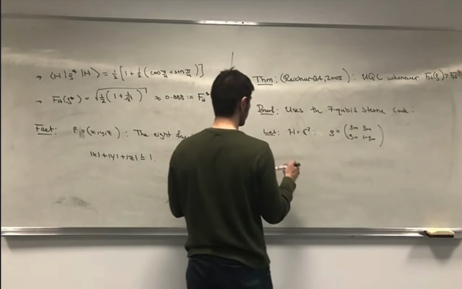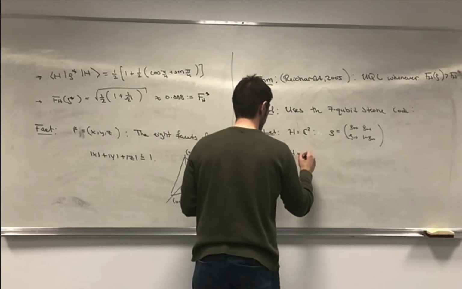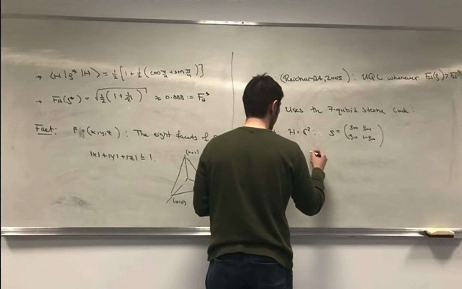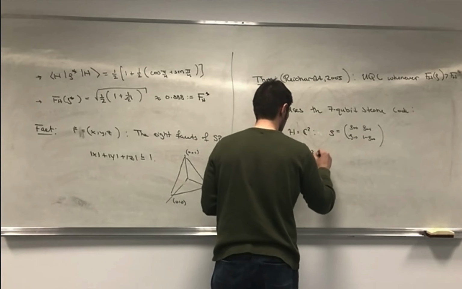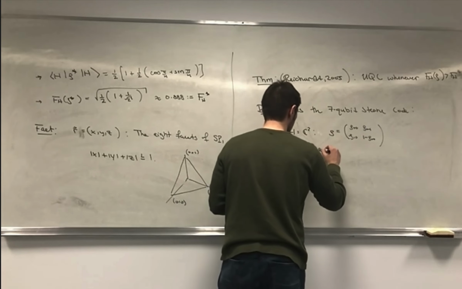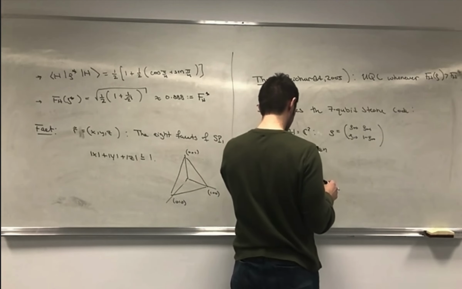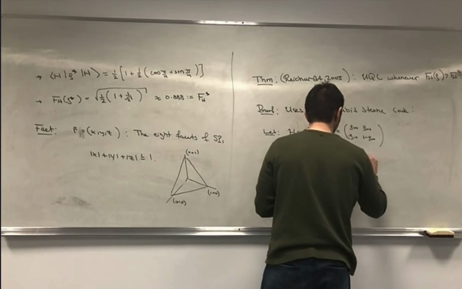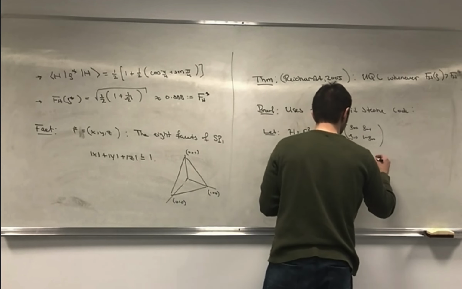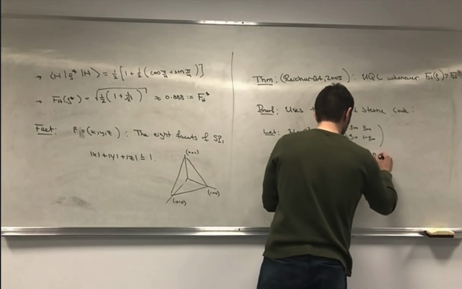Eventually, what we want is to consider a Hilbert space on n qubits, and then we will have an input state that is a tensor product of this single qubit rho to the n.